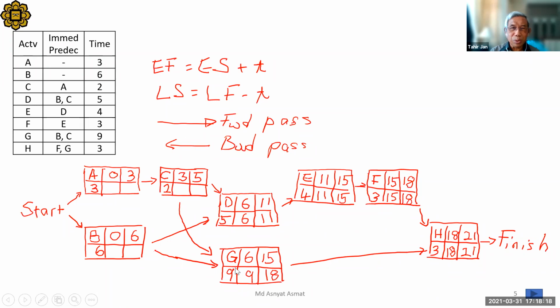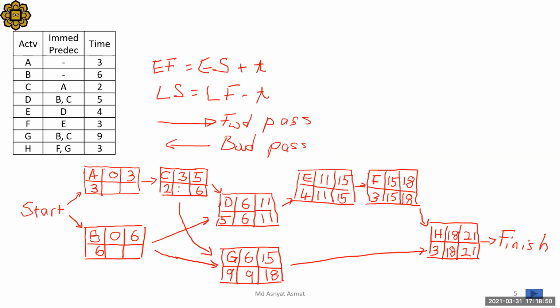The rule is, when we are on the backward pass and have more than one successor, like C with two successors, D and G, with late starts 6 and 9, we choose the lowest. Here the lowest is 6. So let's put 6. The late finish 6, late start 4.